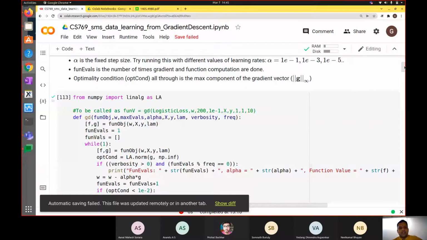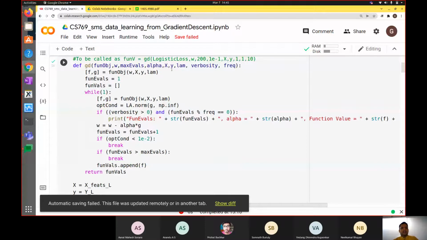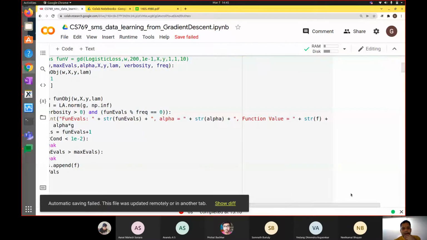Okay, so this is the default gradient descent. Our objective function, what we're going to pass, is the logistic loss, which is declared above. And we keep iterating, keep printing the function evaluation, the alpha, which is obviously going to be fixed in this case, and the function value.